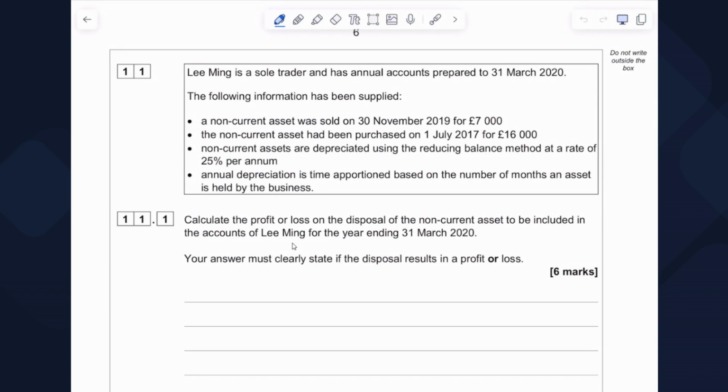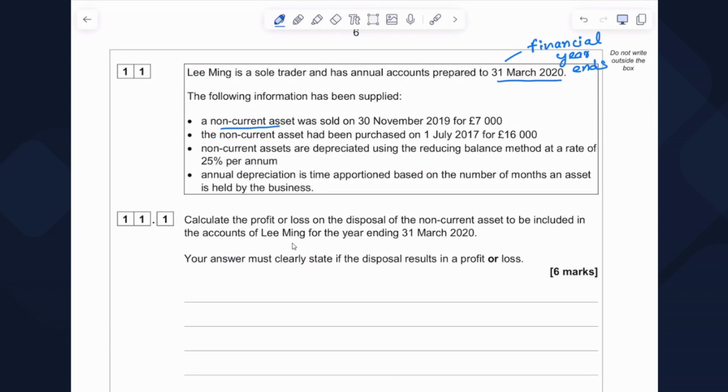Li Ming is a sole trader and his annual accounts are prepared to 31 March 2020. So this means that the financial year of the business that we're working with ends on 31 March 2020. The following information has been supplied.